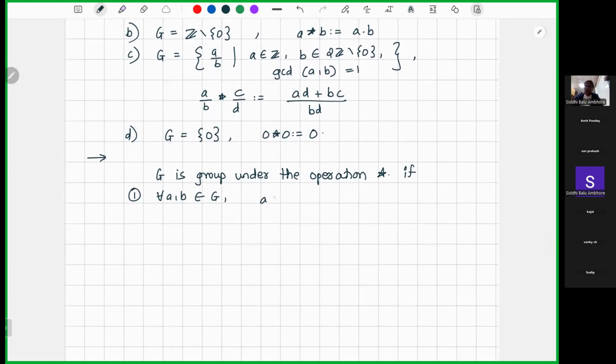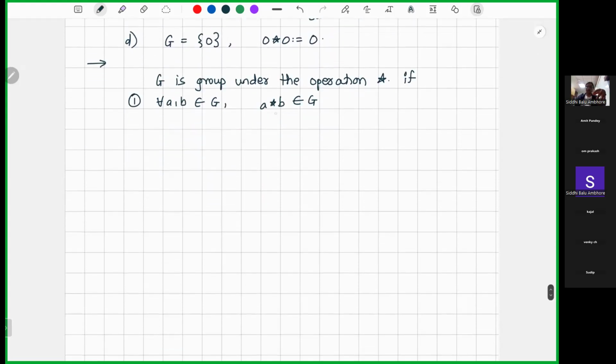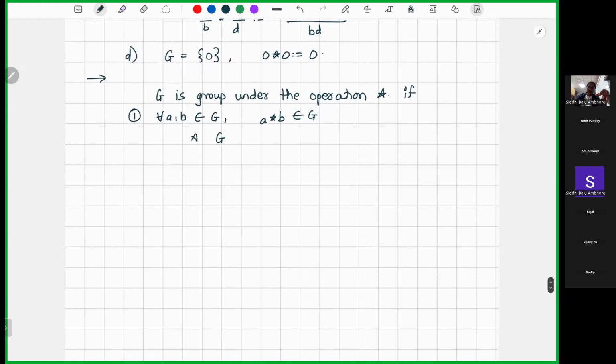So A star B must be in G. When we say group, this operation star is a map from G cross G to G. So this map must be well defined.